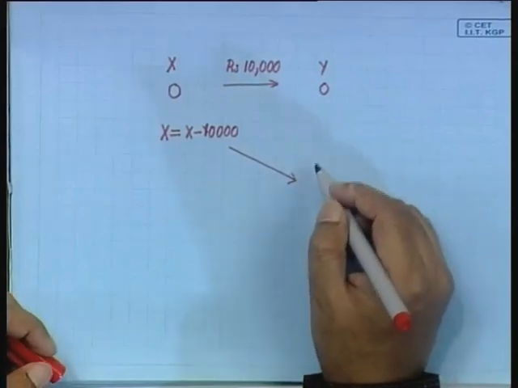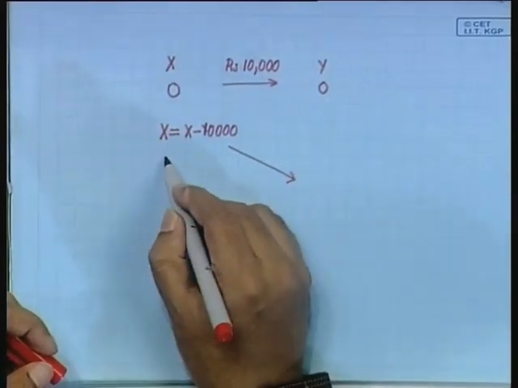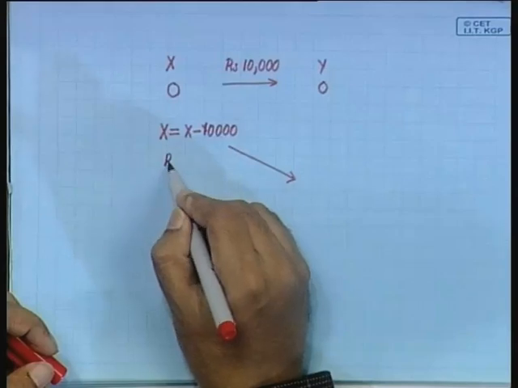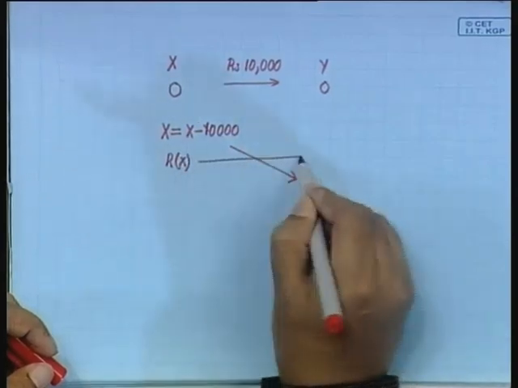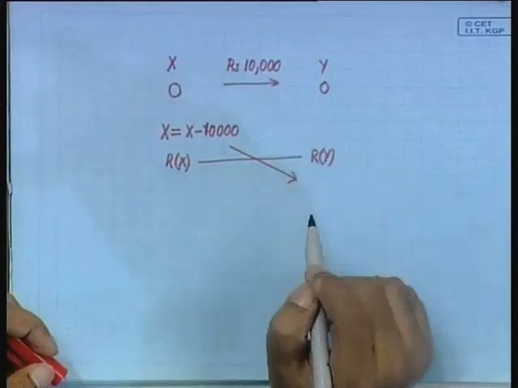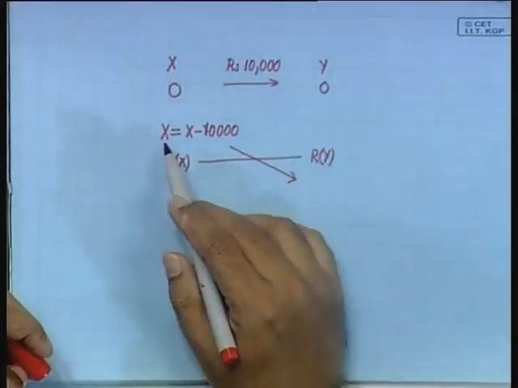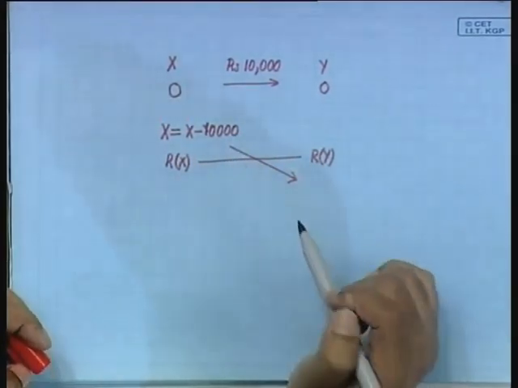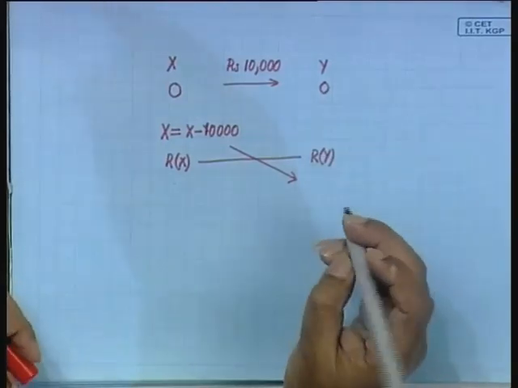Let us say that before it reaches, we have recorded the state of X and we have recorded the state of Y. Now, this is not a valid global state. Why? Because we will see that the total balance here is 10,000 less, right.